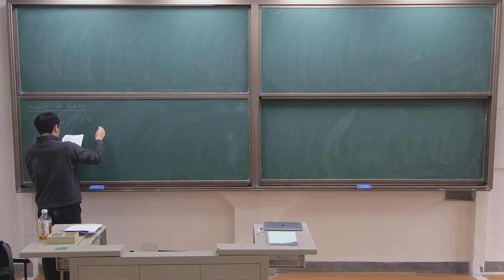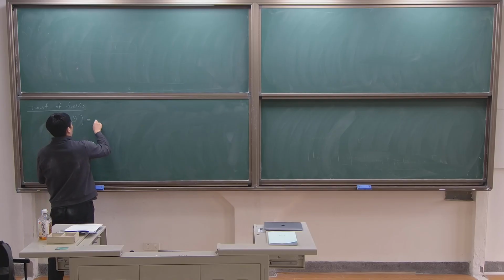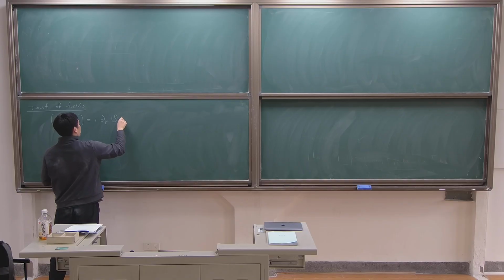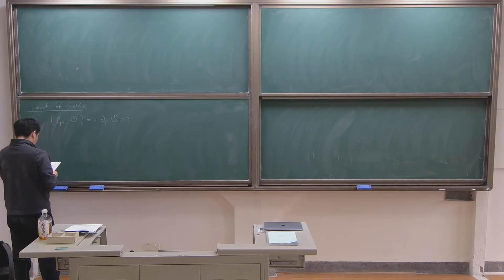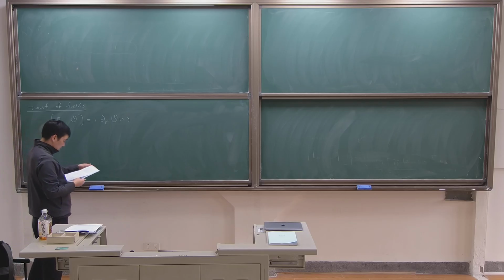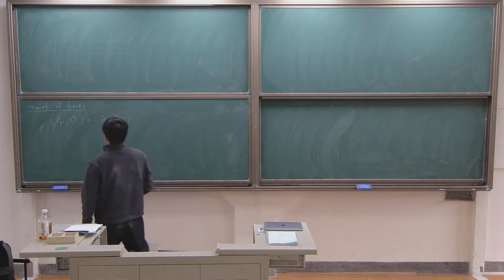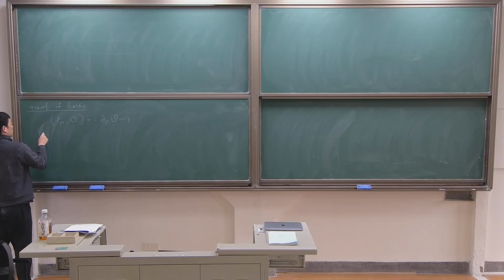This will give you something like i del mu of the operator. That's the commutation relation between operator O and P mu. This can be understood as the Heisenberg picture.